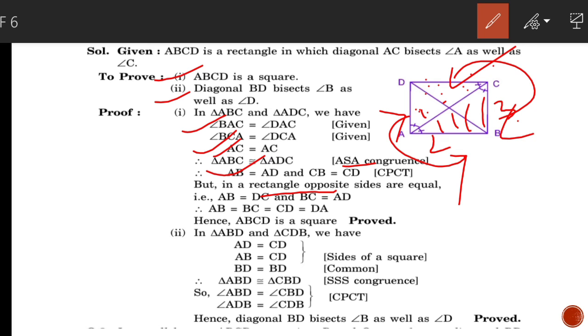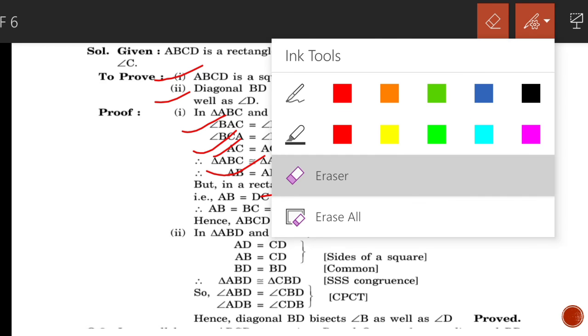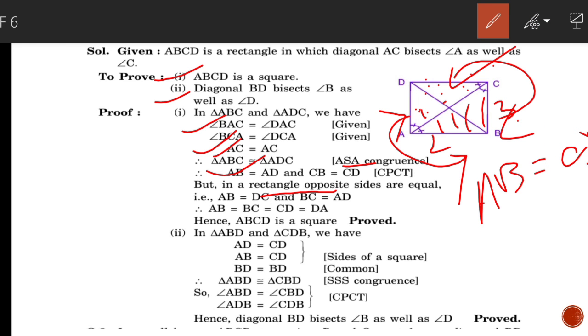That means AB is equal to CD and AD is equal to CB. And from CPCT we can say that all four sides are equal. Since all four sides are equal and it is a rectangle, so the interior angle is 90, we can conclude that it is a square.